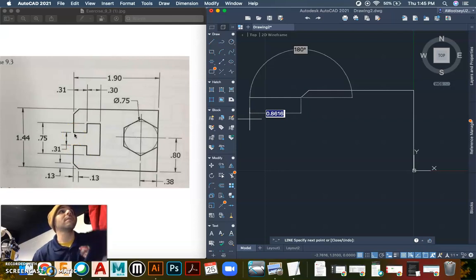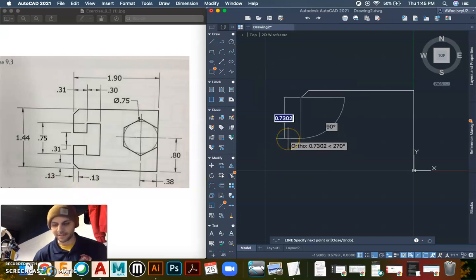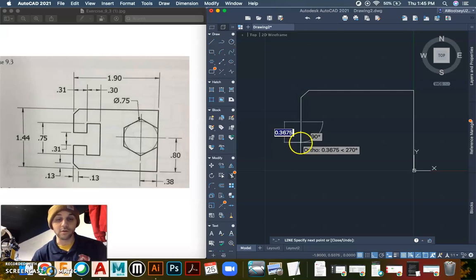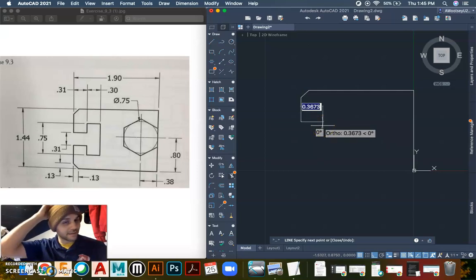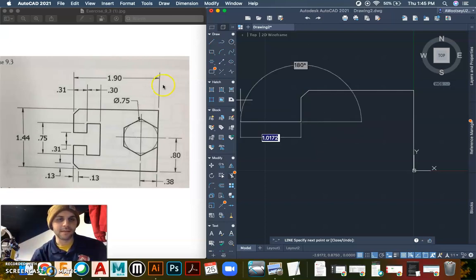I should probably get my calculator out for this, instead of trying to be the superhero doing it all in my head. You divide 1.13 by 2 to get the distance of these two sides here. And then I'm going to subtract the 0.13. So mathematically I'm going to go down 0.435. So it's requiring you to do a little bit of math, a little bit of thinking with this drawing.